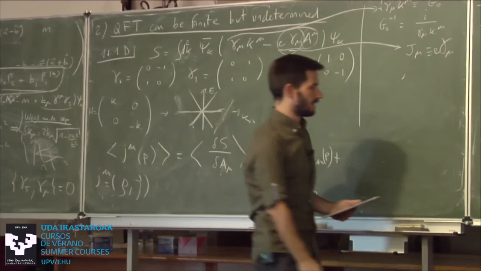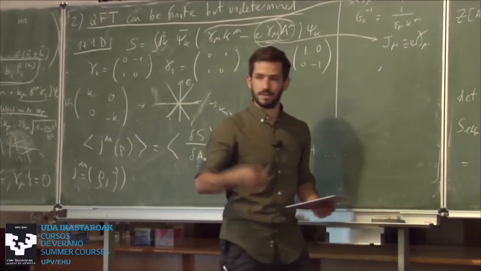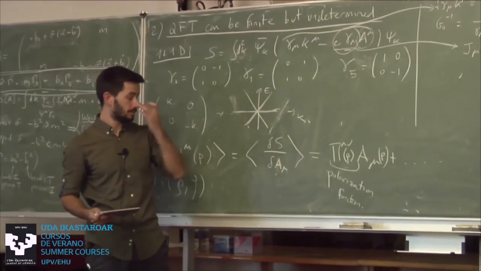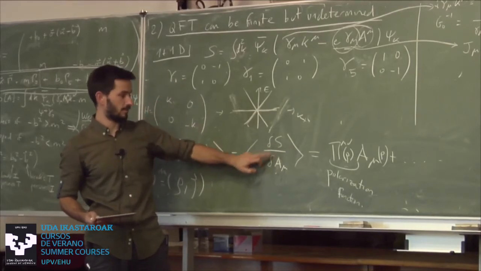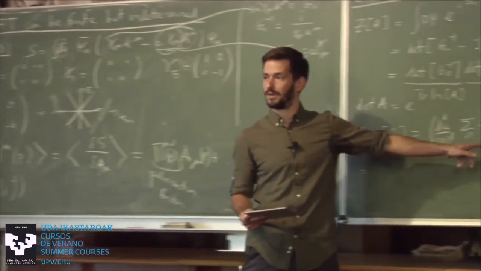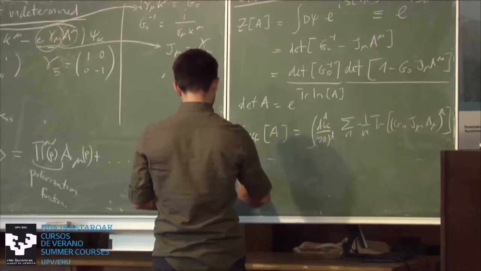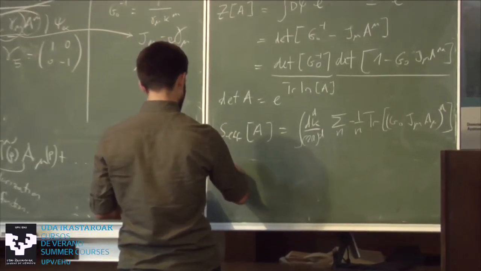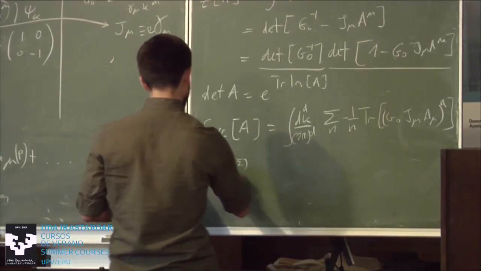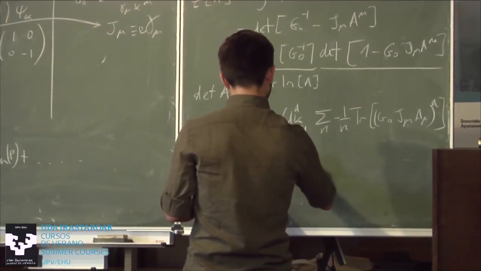And now I'll keep the second term, because the response is the derivative of the action with respect to A, so the second order term is going to govern linear response. And so S effective at n equals 2 is going to look something like a half dk.